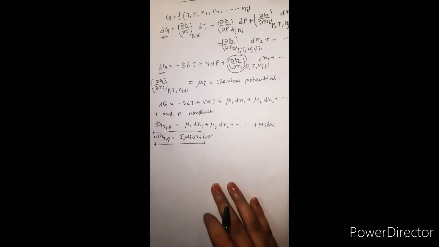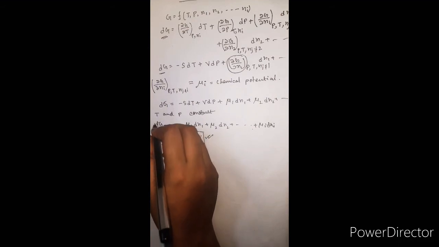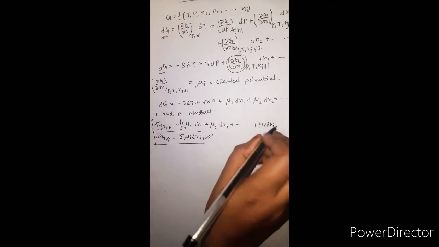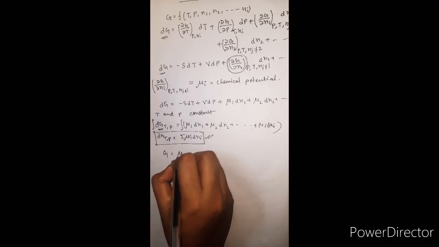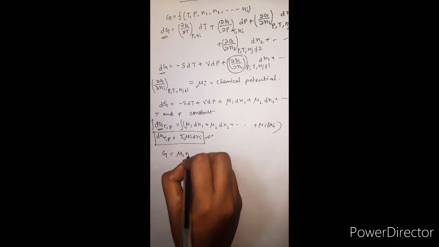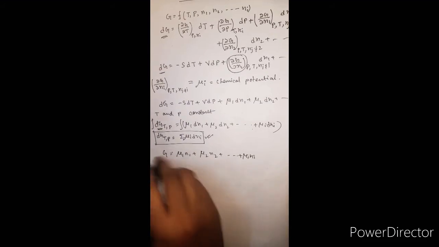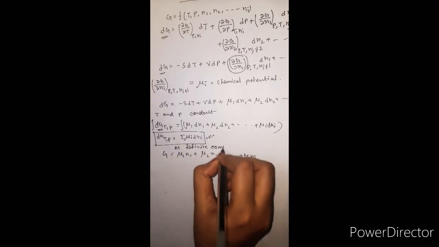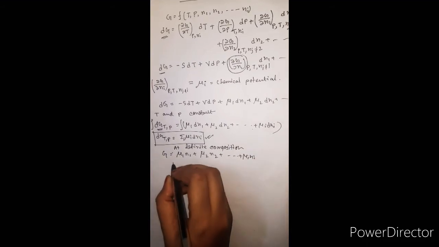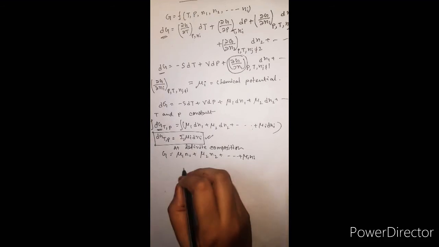Now, in a definite composition of the system, if we integrate these two parts, then we will get G is equal to mu1 n1 plus mu2 n2, and this will continue up to mu_i n_i at definite composition.